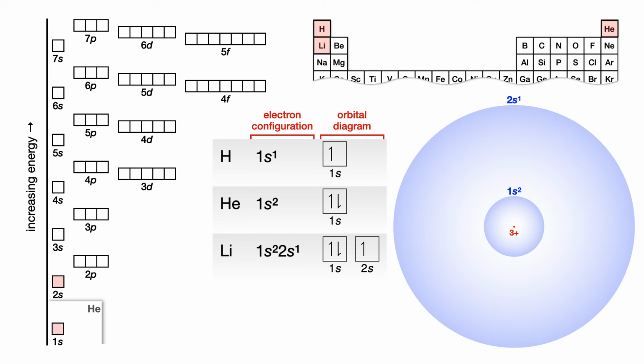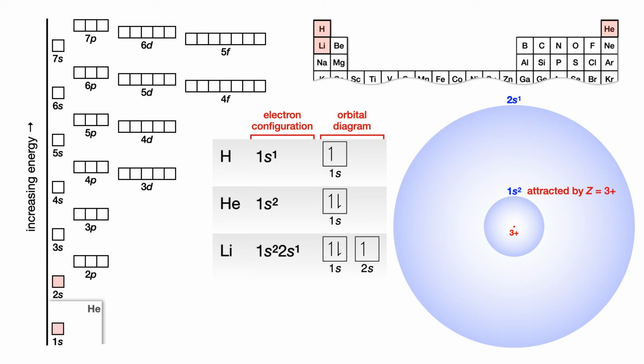In a lithium atom, the nucleus has a charge of 3+, so if you have 2 electrons in that first energy level, those 2 electrons are going to be strongly attracted by the nucleus. They're closest to the nucleus, and they're going to be experiencing that full 3+ attraction. And that attraction pulls those electrons in.